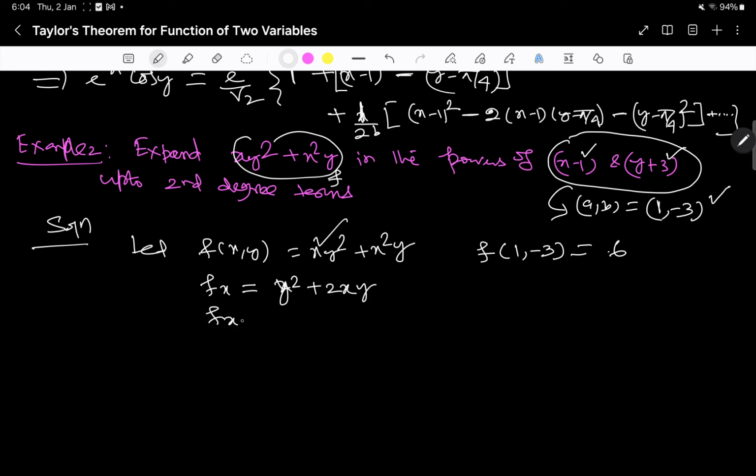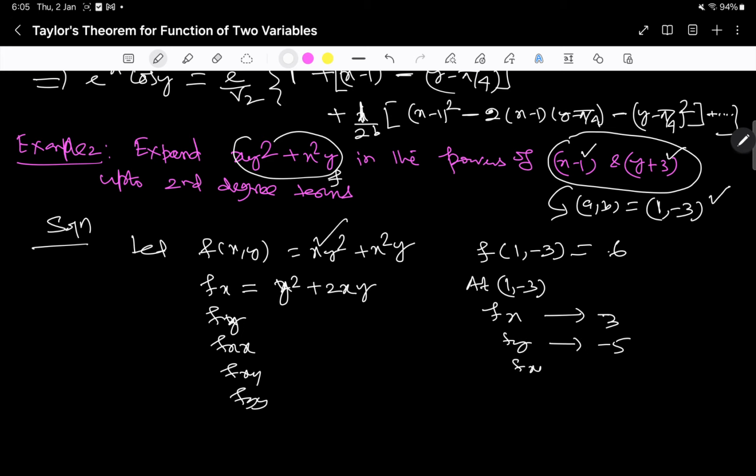Similarly you find fy, you find fxx, you find fxy, and you find fyy, and at this point 1, minus 3 you have these values. fx is 3, fy will be minus 5, fxx will be minus 6. What is fxx here? It is simply 2y.